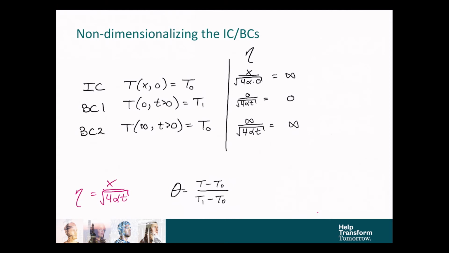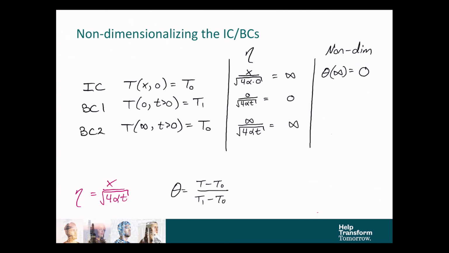Okay, so using this definition of theta now, I'm going to write out the non-dimensional form of the bounding conditions. For the initial condition, T equals T naught, and so the numerator in theta is 0. So theta equals 0, and eta equals infinity.